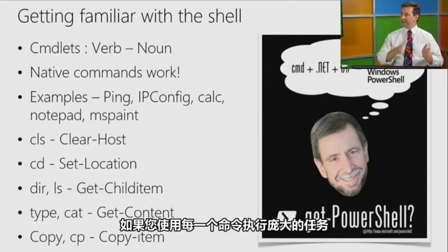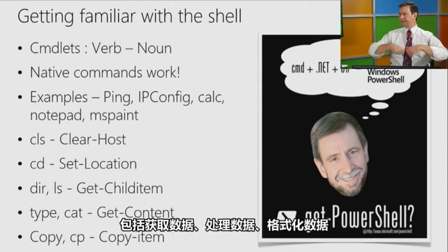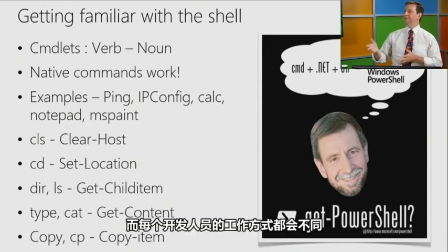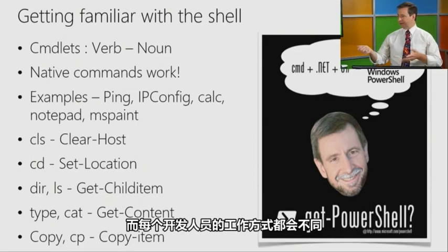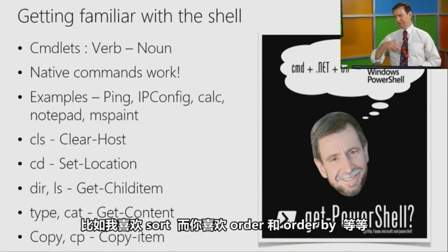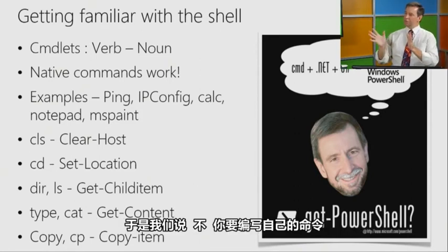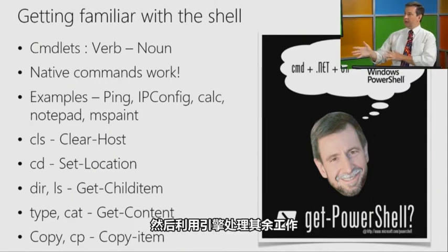If each one of the commandlets tried to do big tasks by themselves, getting things, processing things, formatting them, then every developer would be doing things differently. You know, I like the term sort and you like the term order by. So he said, no. You write the things that you and only you can do, and then leverage the engine to do everything else.